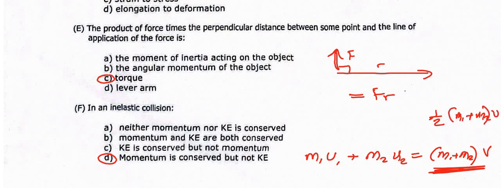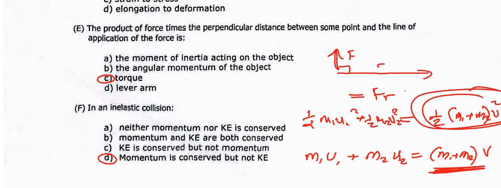To say we have this, then V squared, then this side has half M1 and U1 squared. This won't be true, because of this part here. This cannot hold. So the correct answer here has to be D. Momentum is conserved, but not kinetic energy. This is only under inelastic. But under elastic, both kinetic energy and momentum are going to be conserved because the bodies are still what? They're still separate. Hope this is okay, guys.